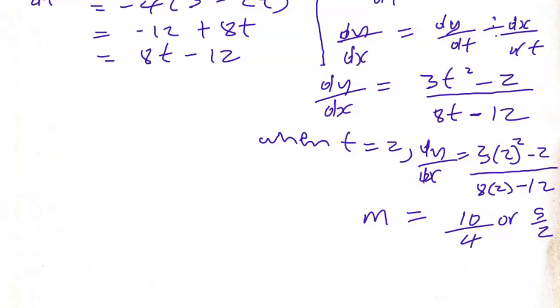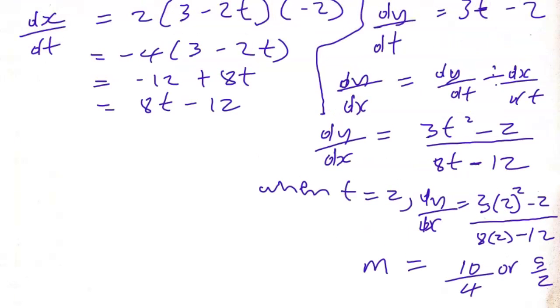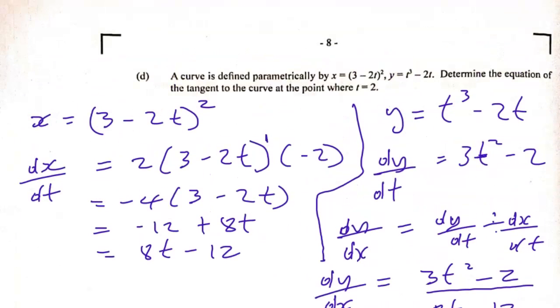Now we need a point on the function, so we can use this. Now notice when t is 2, we can get an x coordinate. When t is 2, x is 3 minus 4, all to the power of 2.